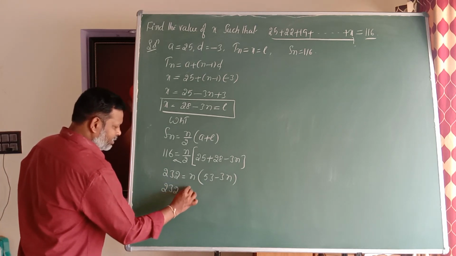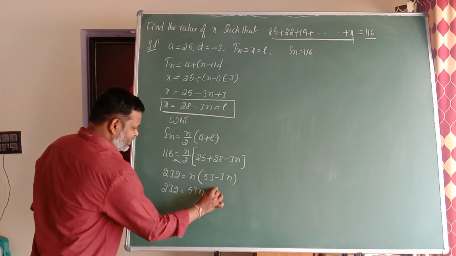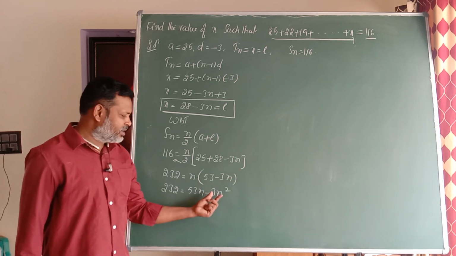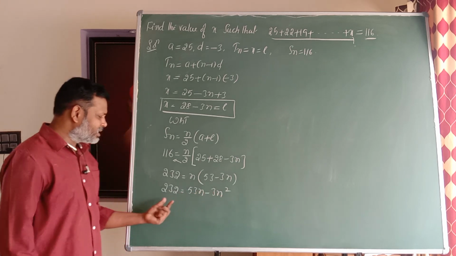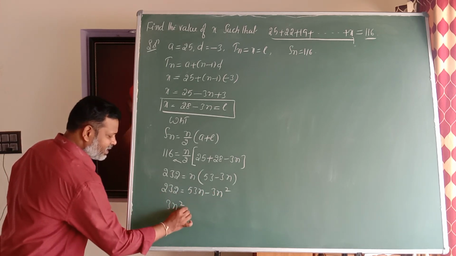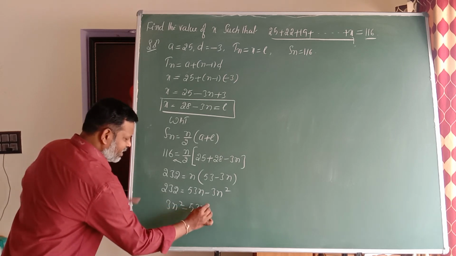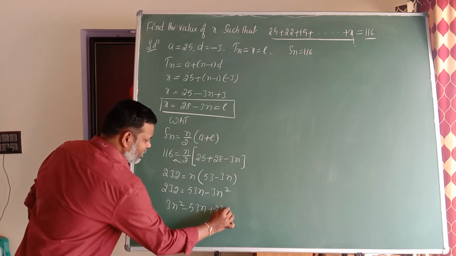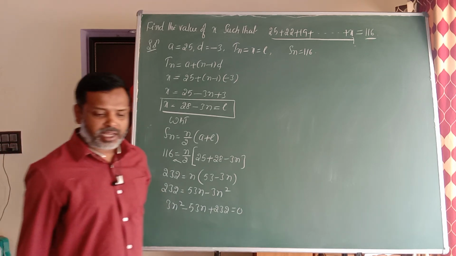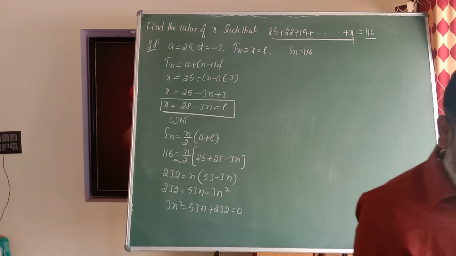232 is equal to 53n minus 3n square. Rearrange it, highest term first. Minus 3n square, take it this side, that becomes plus 3n square, and 53n this side, minus 53n, plus 232 is equal to 0. Now we have a quadratic equation, and we just have to factorize it.